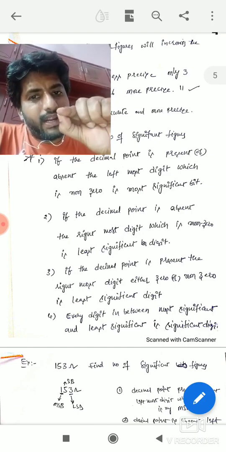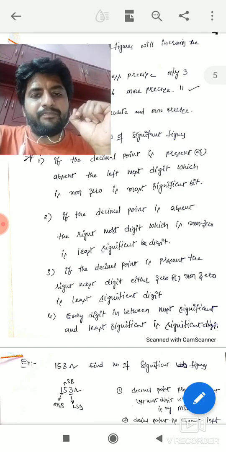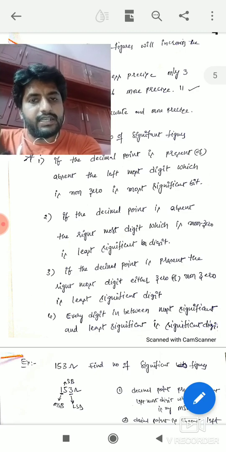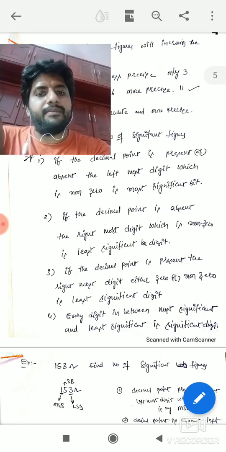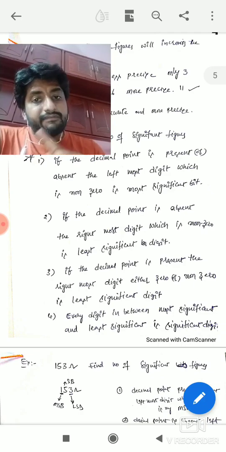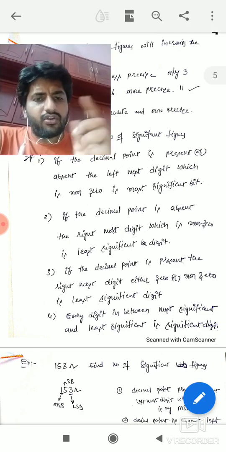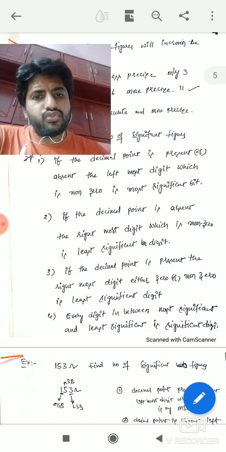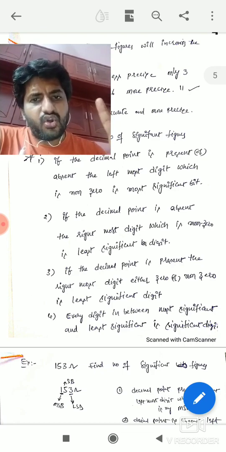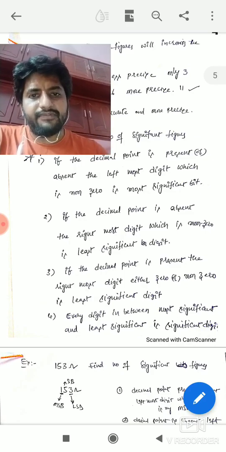So there are 3 points you have to remember. If the decimal point is present or absent, the leftmost digit which is non-zero is my most significant bit. Second point: if the decimal point is absent, the rightmost digit which is non-zero is my least significant bit.